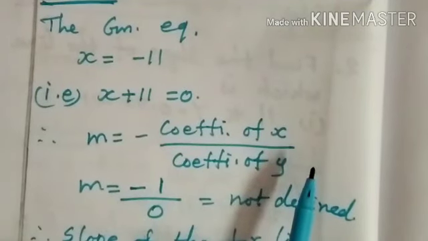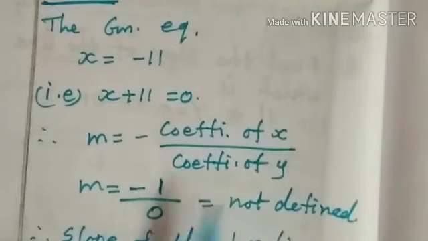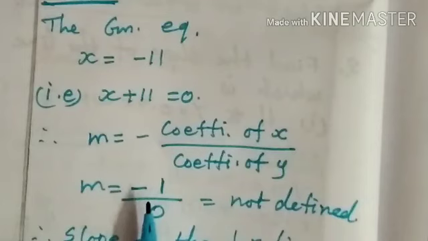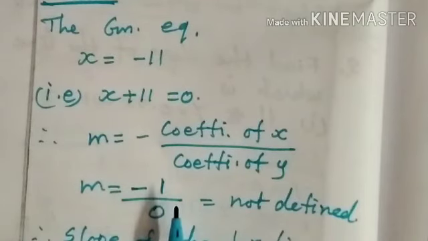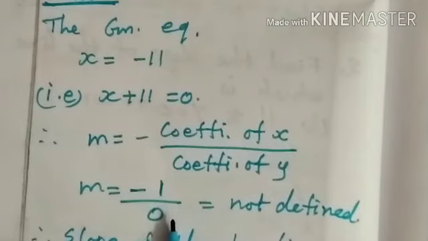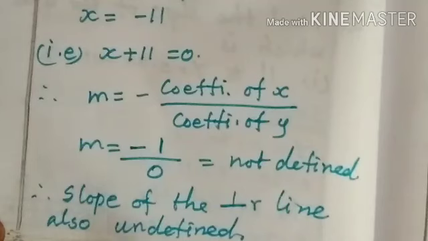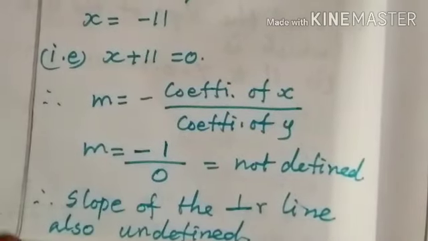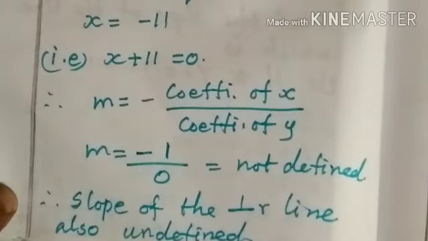Here the coefficient of x is 1 and the coefficient of y is not given, therefore you put 0. That is m is equal to minus 1 by 0. Any number divided by 0 is not defined. Therefore, the slope of the perpendicular line is also undefined. This is the answer for the second subdivision.